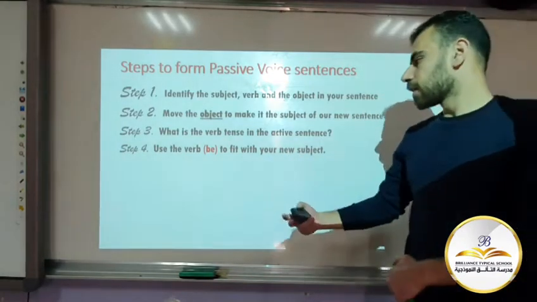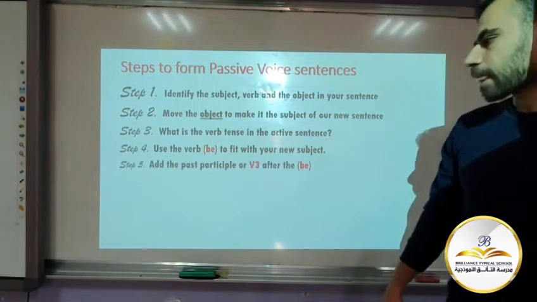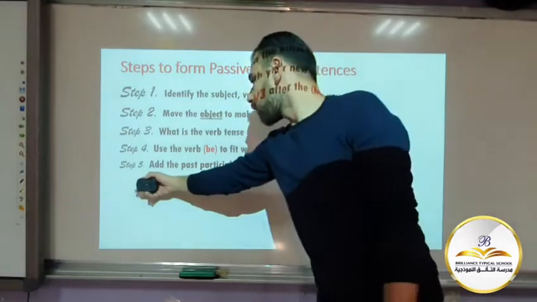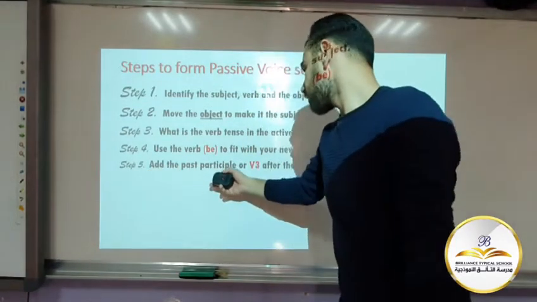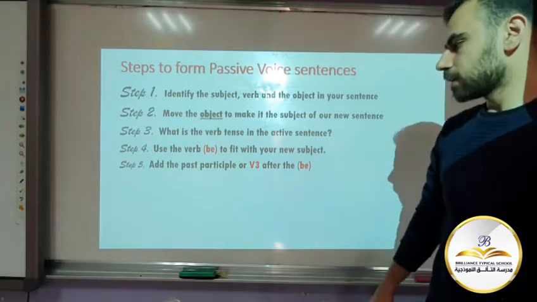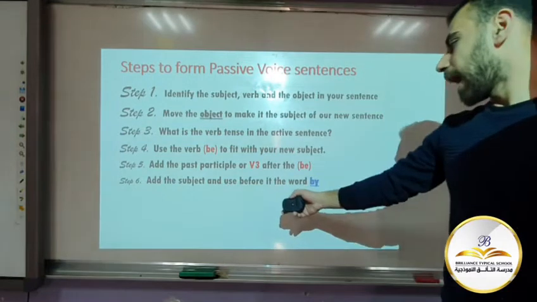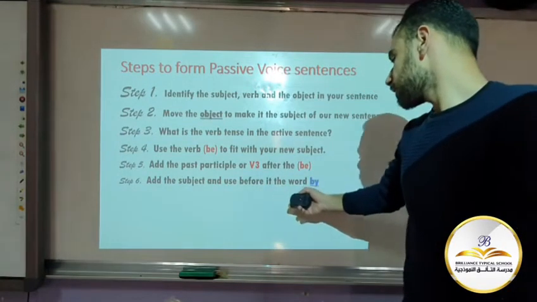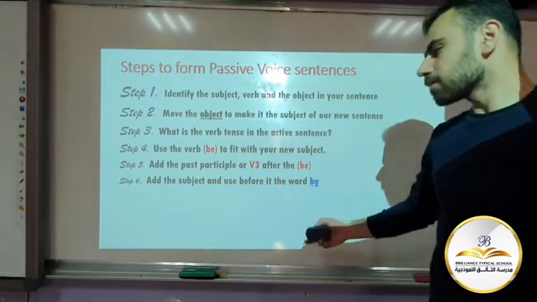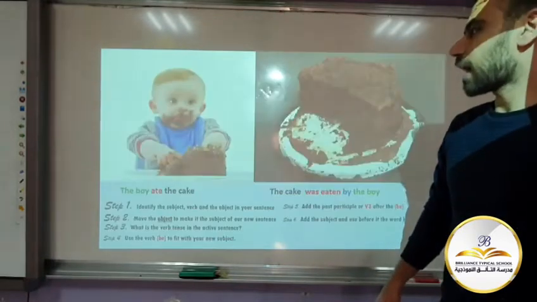If it is plural, we are going to use a plural, and so on. The next one, you have to add the past participle or verb three after the be. And then you have to add the subject and use before it the word by. Sometimes we don't need that. Let's take a look at this in action.